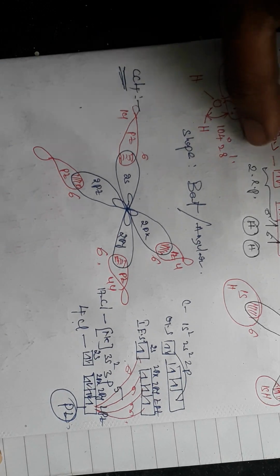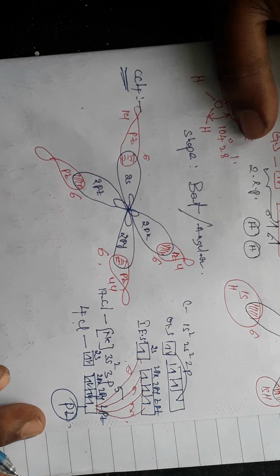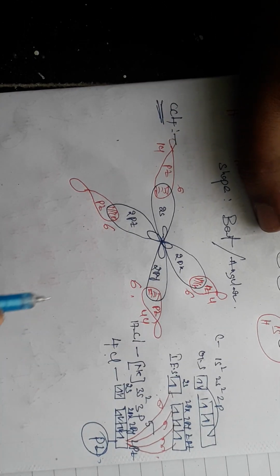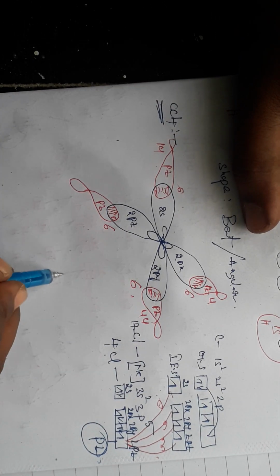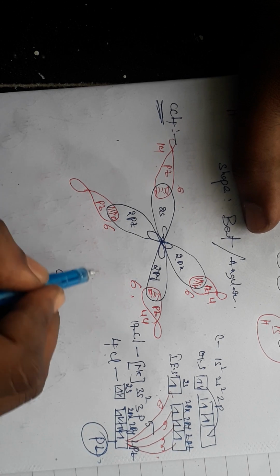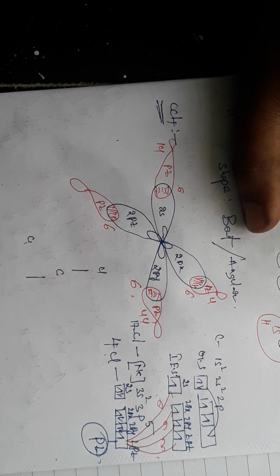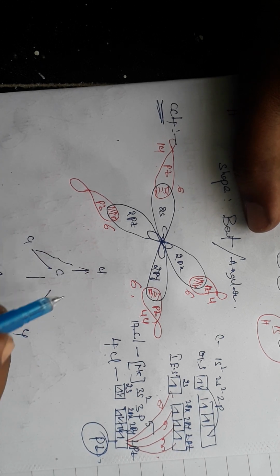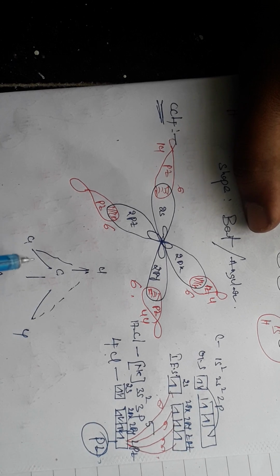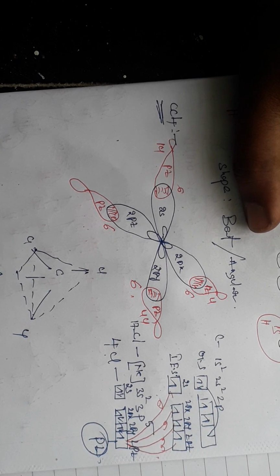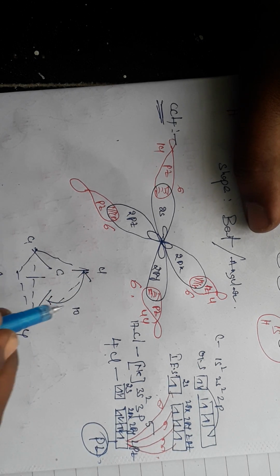By this the molecule will be written with the structure of CCl4 like a tetrahedron: C with Cl, Cl, Cl, and Cl, like this. This is the molecular structure of CCl4. Here the bond angle is 109 degrees 28 minutes.